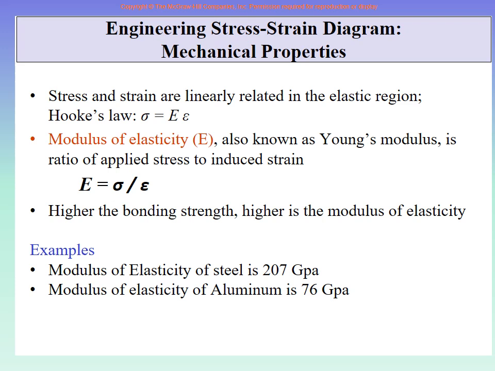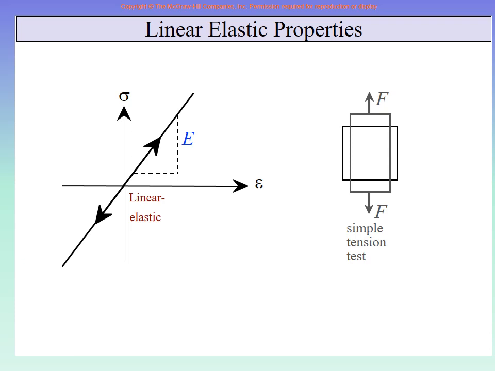Then we started describing the mechanical properties that you can derive or extract from the stress-strain curve. The first is the modulus of elasticity, or Young's modulus. This is the relationship. It is a linear straight line and so on.